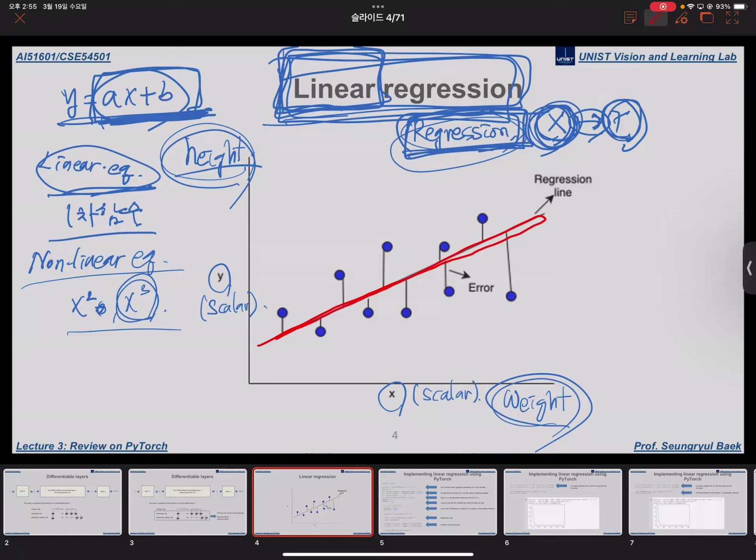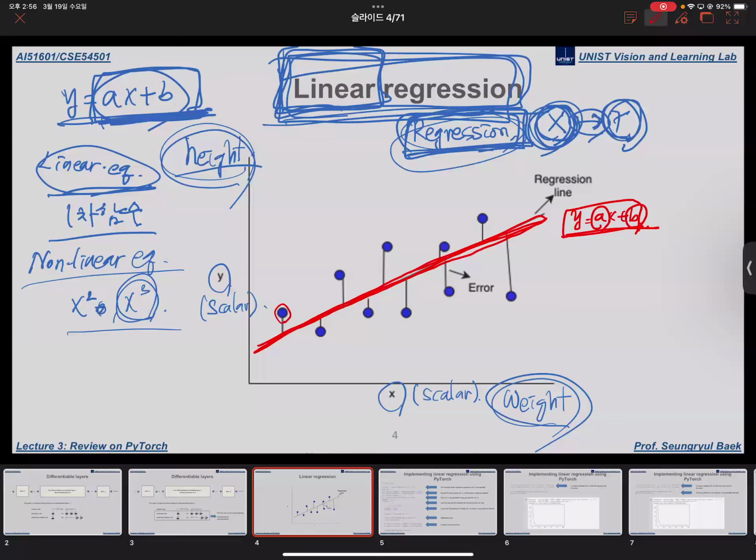Okay. So this is actually an equation having this form, right? We have to define this A and B that can properly relate X and Y.